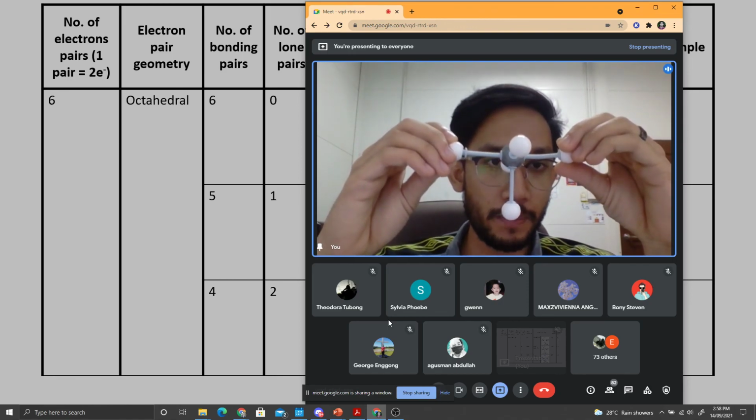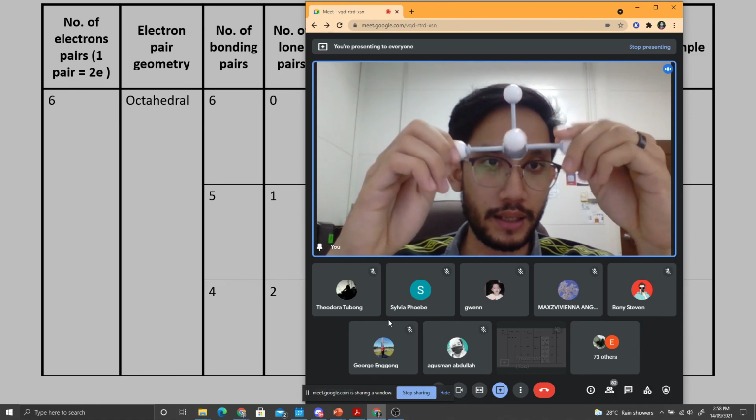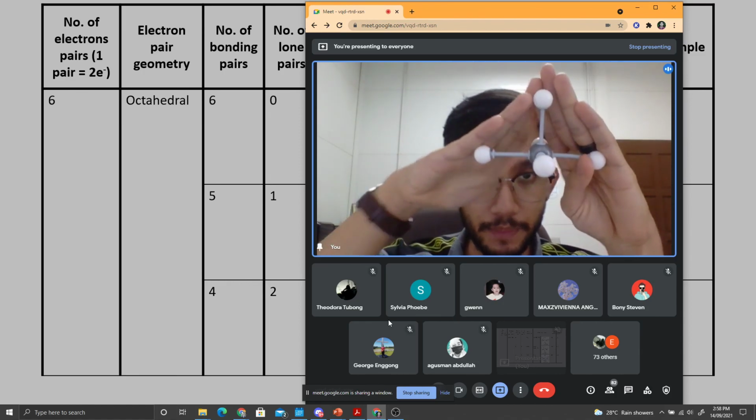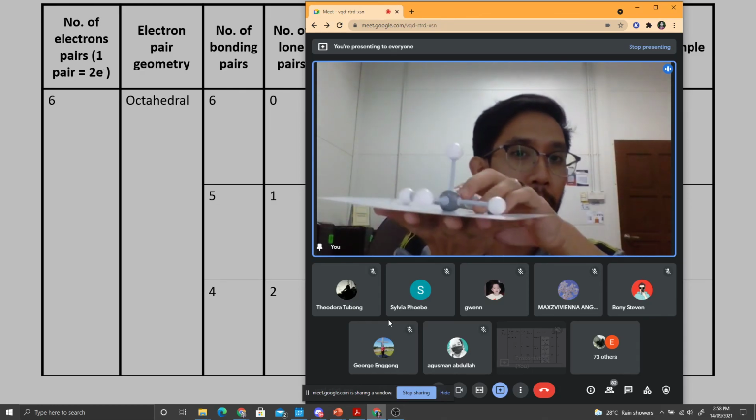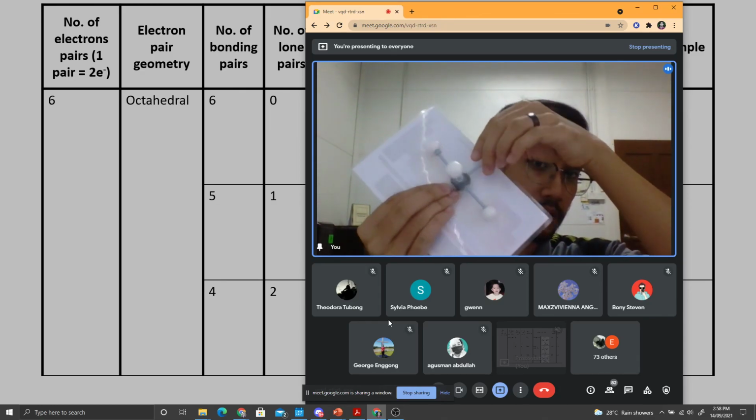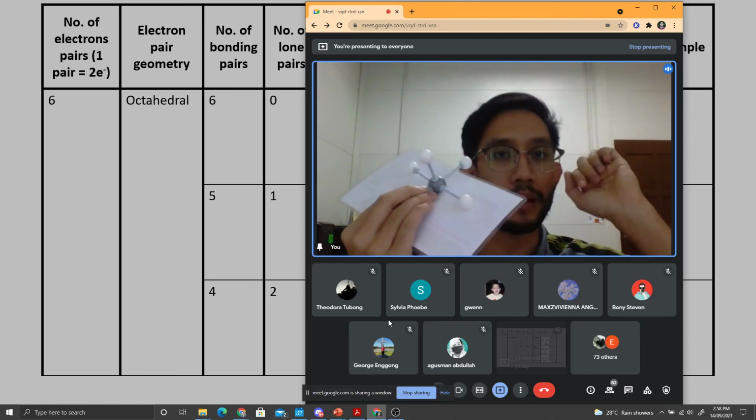What square pyramidal means is, if you look, it is like a pyramid, a pyramid whose base is square, right? The base is square and the whole thing is like a pyramid.